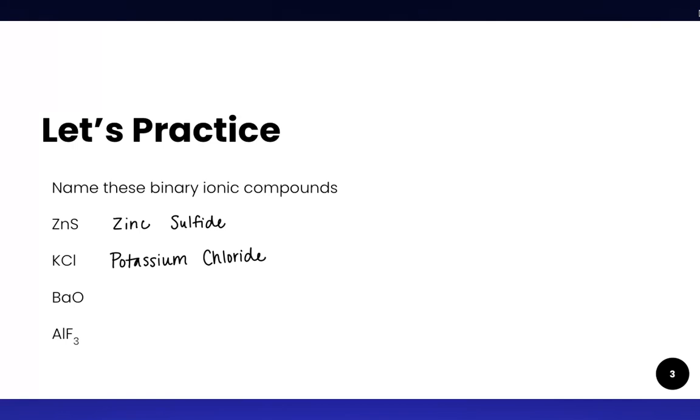Barium is our cation here. And it's combined with oxygen, so we will call that oxide. Finally, we have aluminum fluoride.